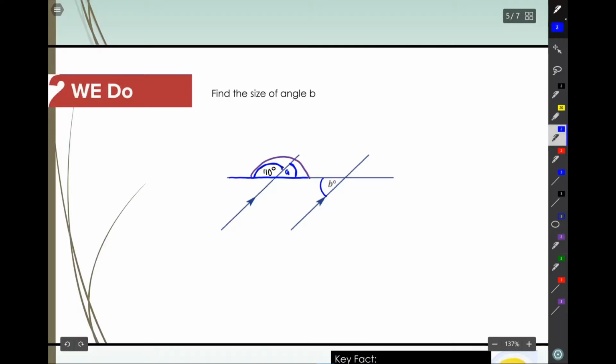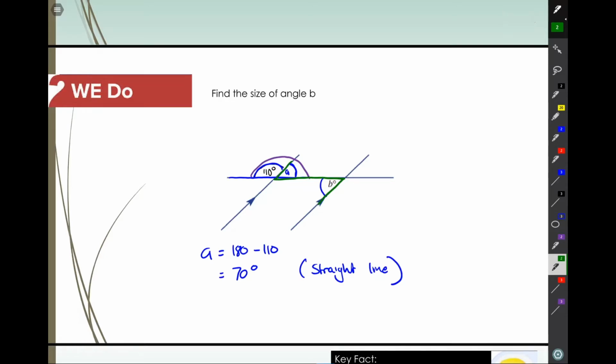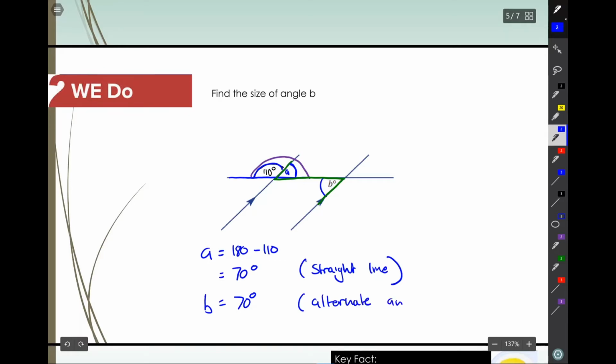So we know that angle A is going to equal 180 minus 110, which is 70 degrees. And the reason for that is it's a straight line. And now we have our pair of angles in a Z, our alternate angles. We can say that B is also equal to 70 degrees because of our alternate angles.